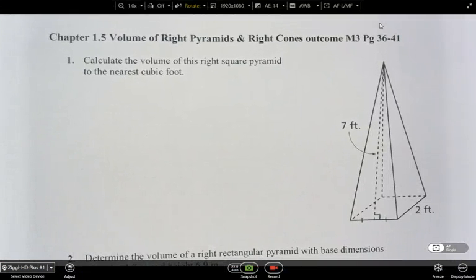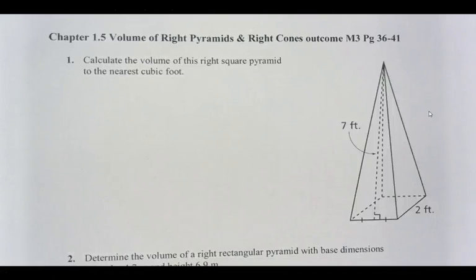Okay, so we're very quickly going to go through 1.5, volume of right pyramids and right cones. And we had fun playing with some water and shapes before, right? And what did we discover?